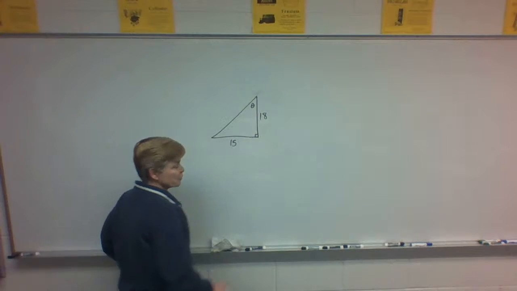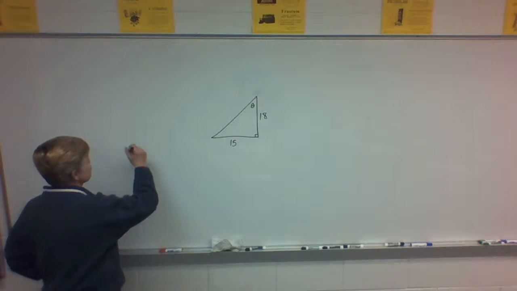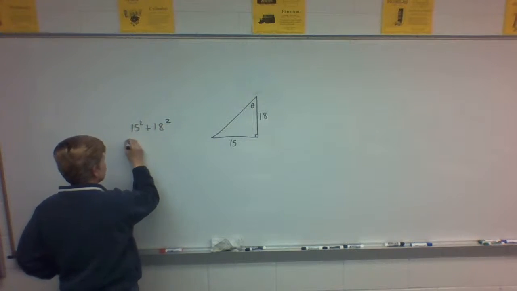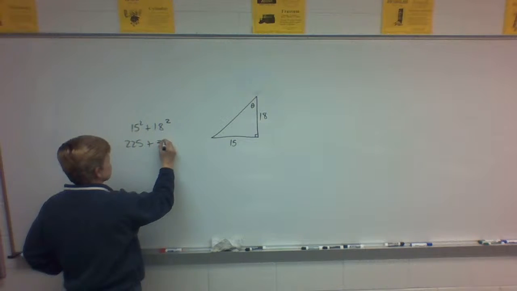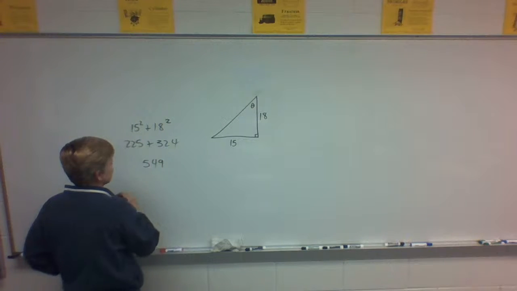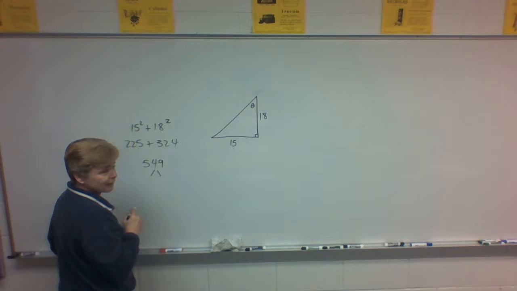I made these up, so the simplest radical form may come out pretty ugly, but I think it's not too bad. So you would take 15 squared and add 18 squared, and that would be 225 plus 324, which is 549. Is that right? Yeah. And then you would attempt to prime factor that. Does anything come out of that?